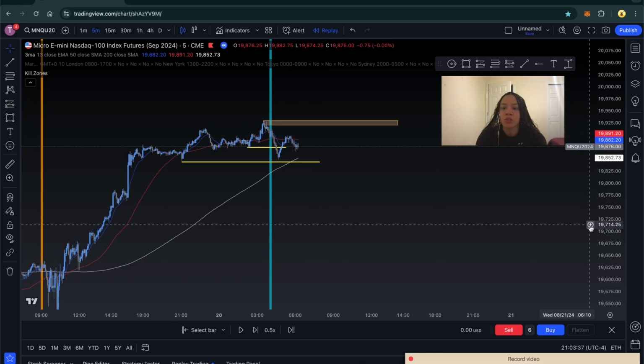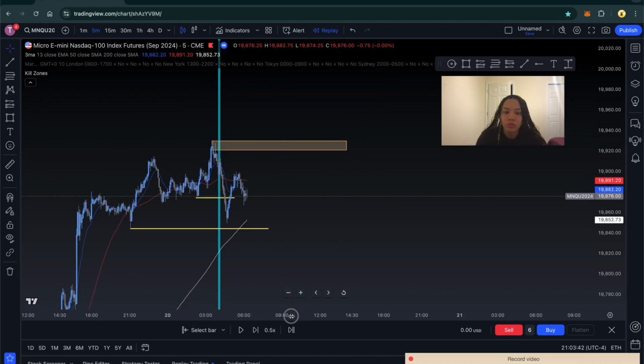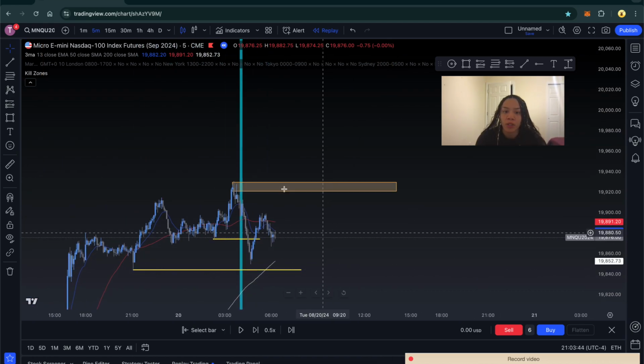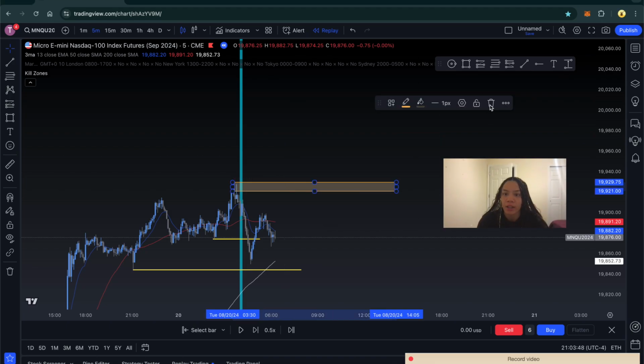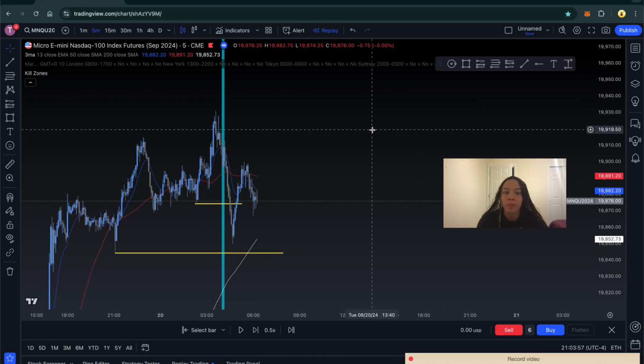So this was a trade that I had set up. What I was going over before I even put this is that this is at 6:10. So this is an hour before we're even getting into the session.